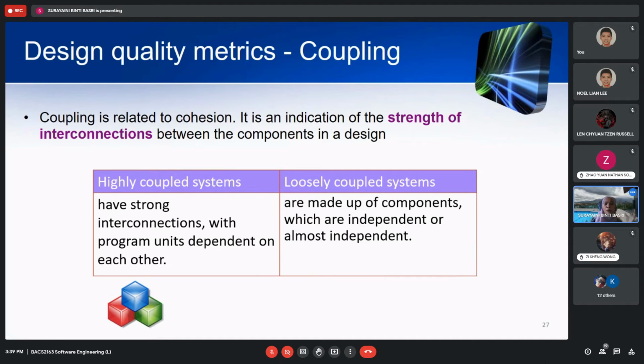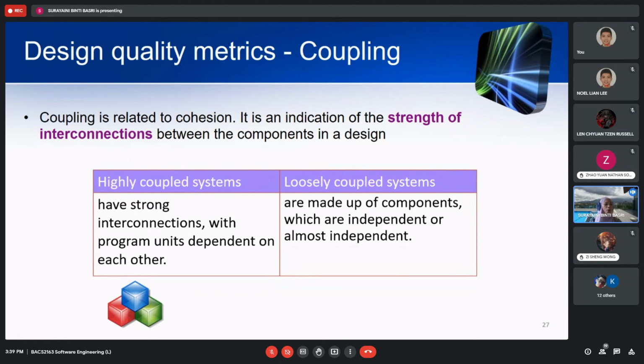If you implement a highly coupled system, whenever you change something in the course registration subsystem, you also need to change something in the reporting, because the code between the two subsystems is highly dependent on each other.